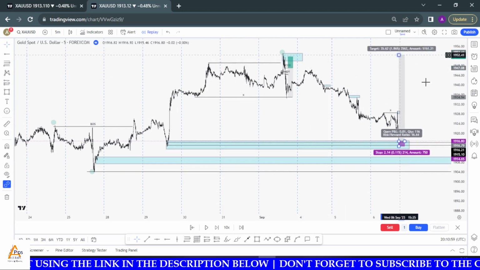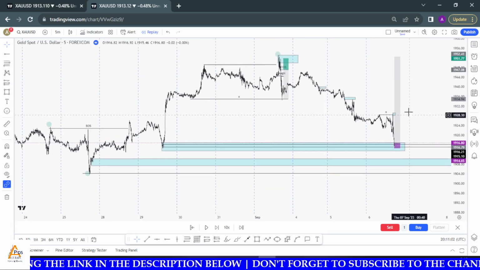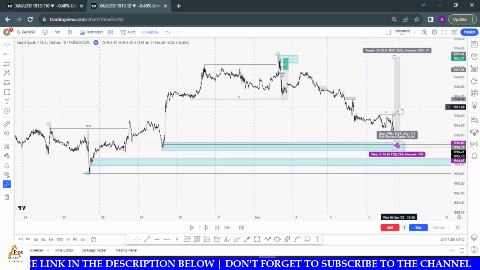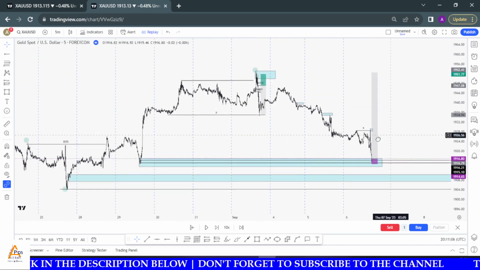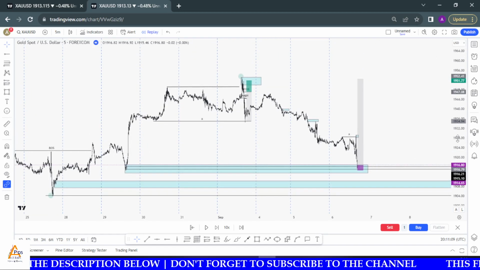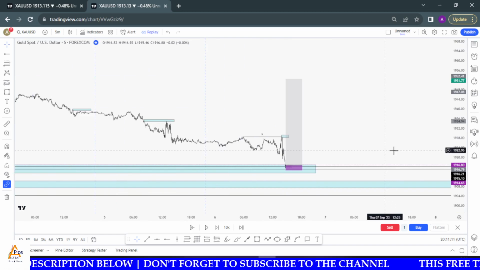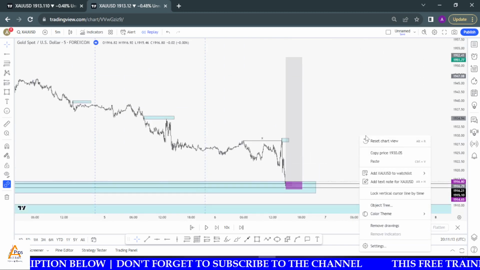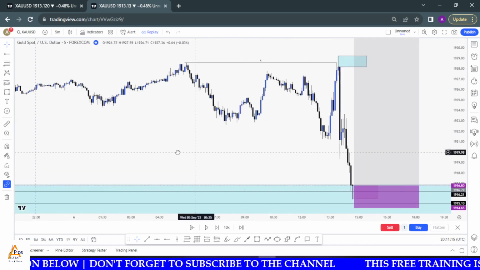Okay, that is our target. All right, so that will be 16R if everything goes well. So let's see what happened quickly before we end this lesson.